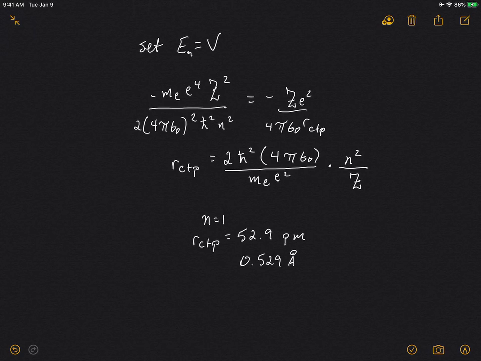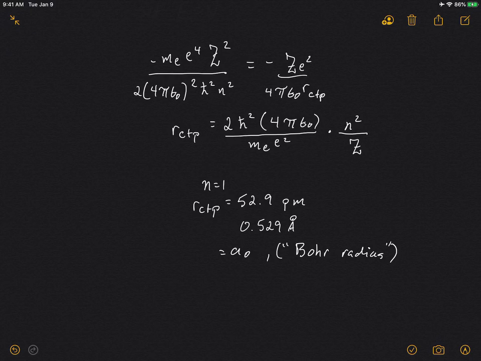Oh, and sorry, we call it a naught equals the Bohr radius. And this gives us a sort of fundamental length scale, a fundamental yardstick for the size of atoms, as we'll see.